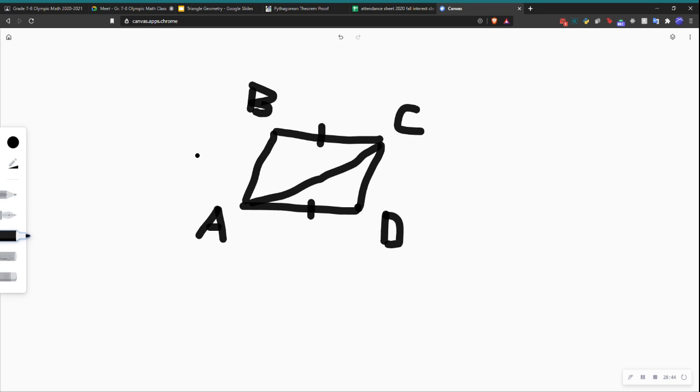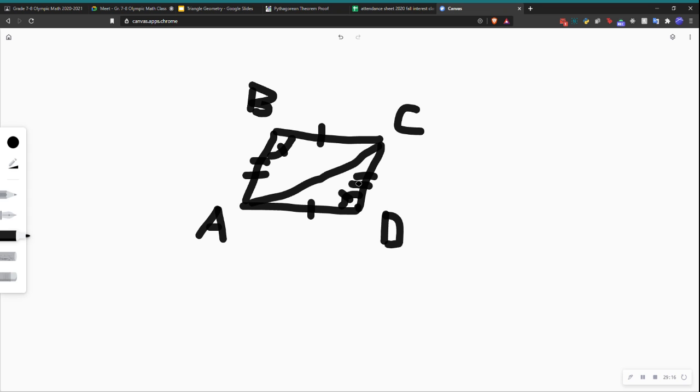Okay, so here's the diagram. We also have these two side lengths equal, and these angles equal. So angle ABC is equal to angle ADC. Does anyone know what method we should use to prove that these two are congruent? Here we have one side: AD is equal to BC.